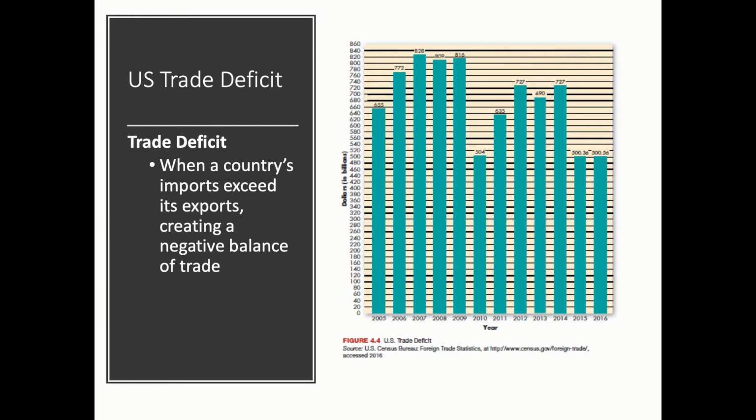And therefore, the United States has always run, since quite frankly after World War II, a trade deficit. Our imports exceed our exports. But that is something for a country to consider. And it is something we consider when we think about how healthy is the U.S. economy in terms of international trade. It is a complication, a complexity for us to understand and keep track of.